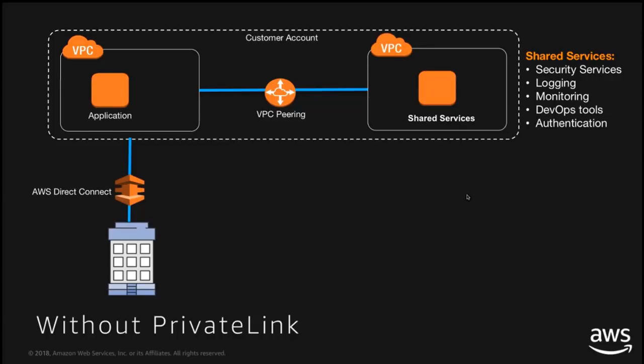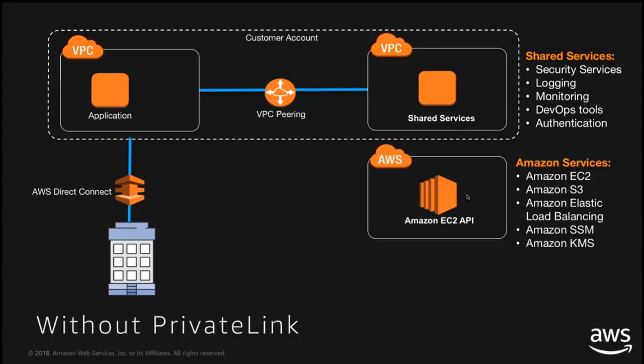These applications inside the VPC are probably also wanting to reach out to a variety of our services. In this case, I've just chosen the Amazon EC2 API, but it could be any number of other services, things like Redshift or SSM, or KMS, key management service, those types of services.